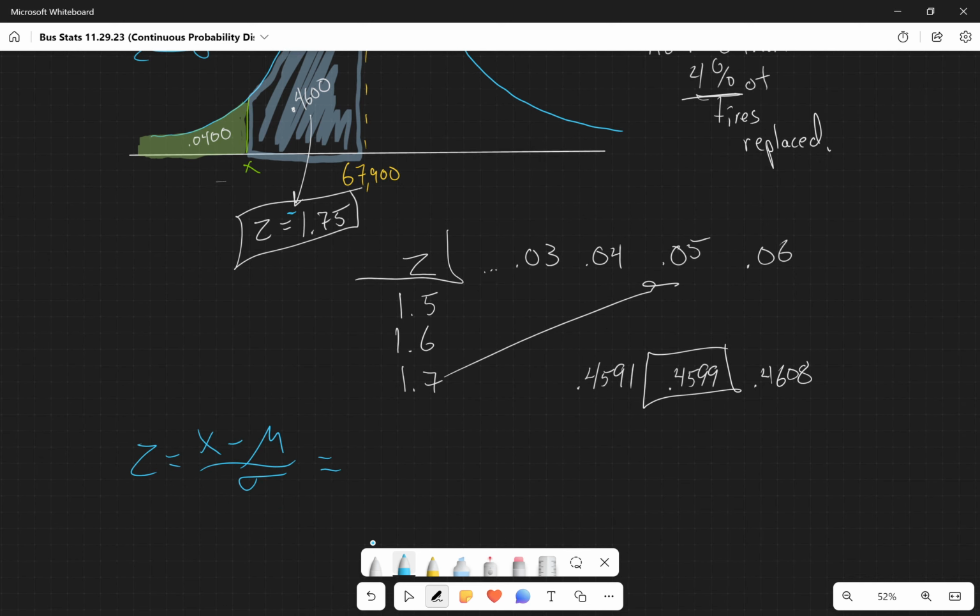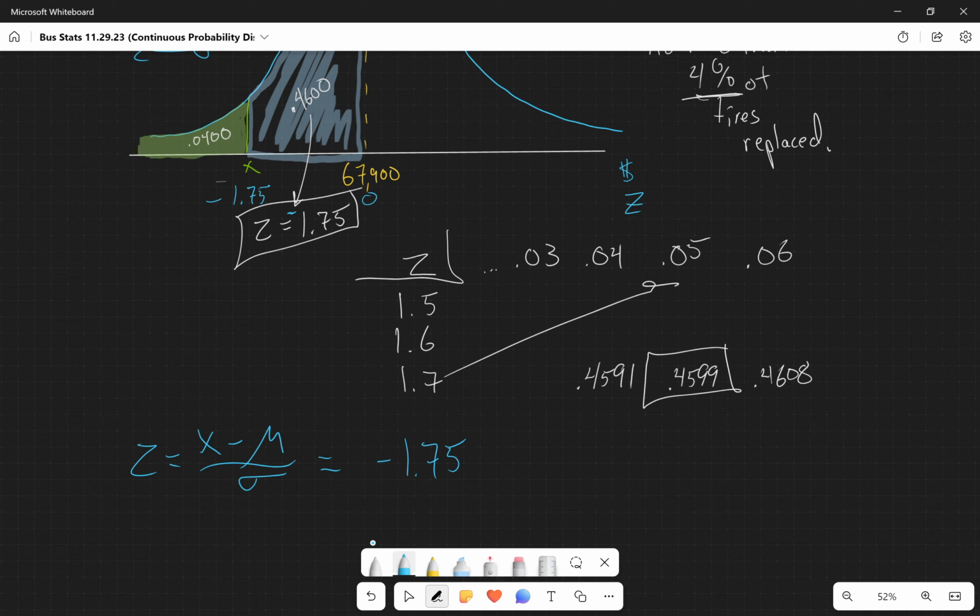And so if we know that we want our z to be negative 1.75 in the standard normal distribution, negative 1.75 here, and then this is going to be 0. This is my dollars. This is my z.